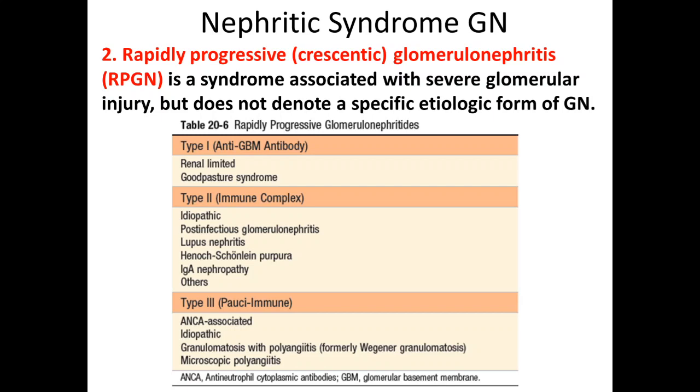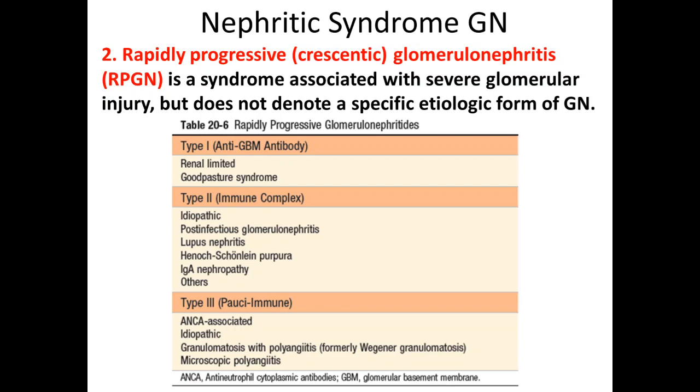Rapidly progressive glomerulonephritis is classified into three types. The first one is the basement membrane antibody type, which develops under renal limited pathology and Alport syndrome.